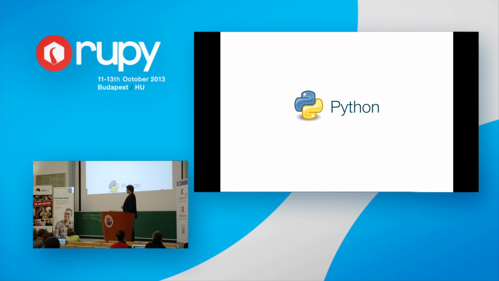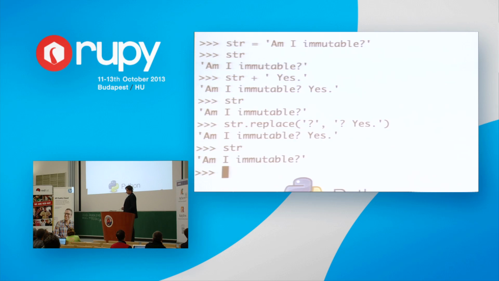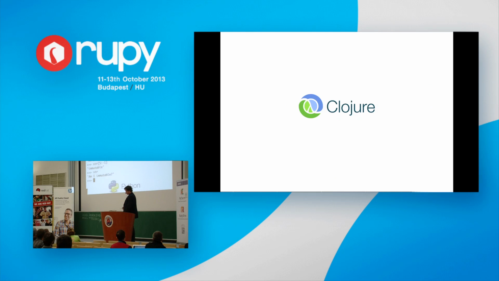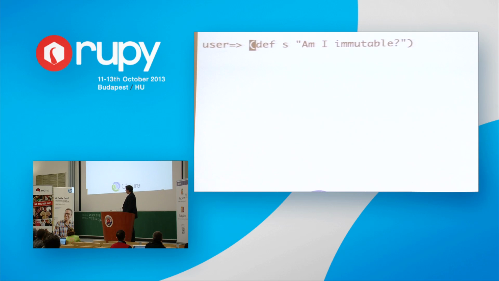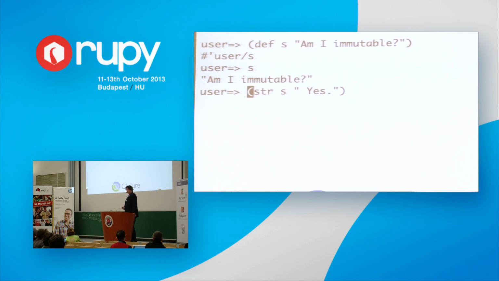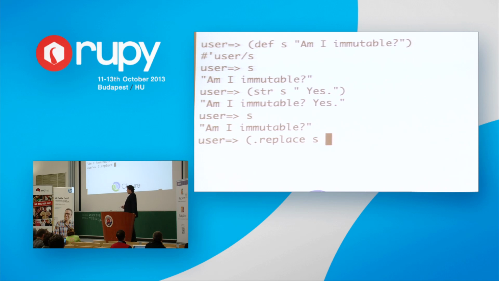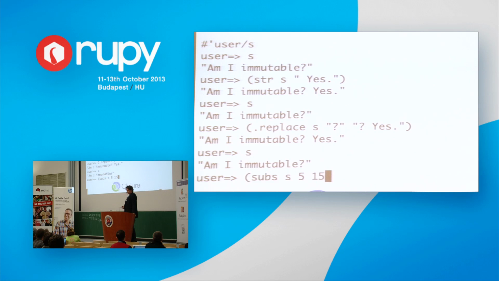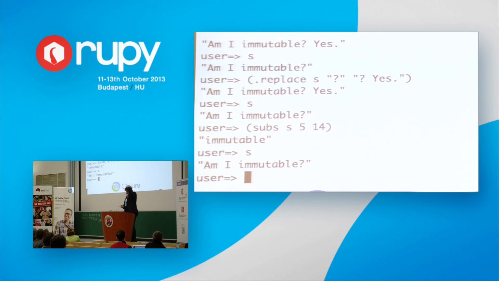Python, same thing, immutable strings. You can do stuff with strings, but always producing new values, never changing a string. Clojure, not surprisingly, also immutable strings. They are actually Java strings underneath, and Java has immutable strings. So this is still kind of boring, I think, because everything is doing so well.